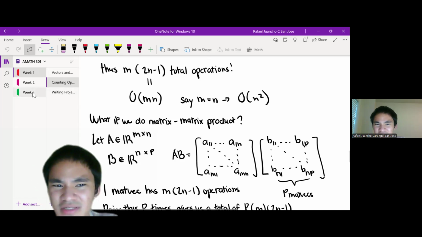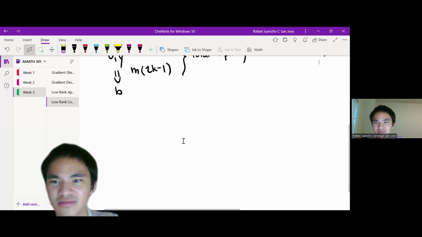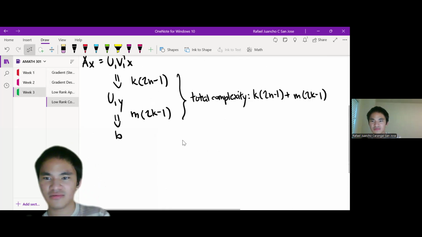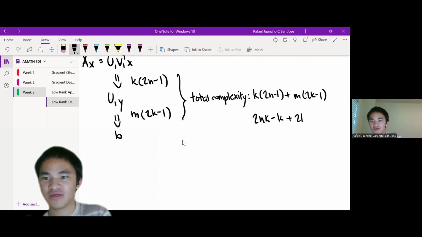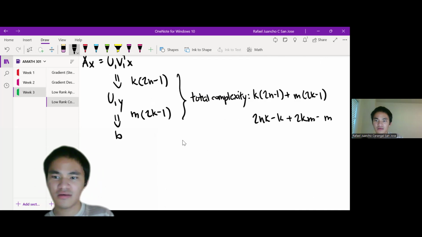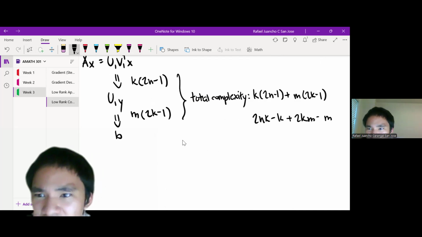Let me actually see. Is this better? Let me see. 2nk minus k, right? I'm just substituting. 2km minus m. 2nk minus k plus. I have like three things here.